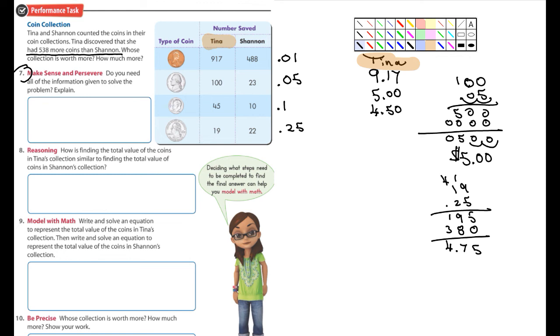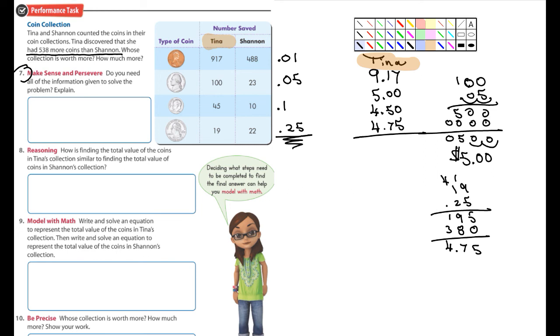We know we probably didn't make a mistake in the math because it's ending in 75 cents. When we're adding quarters, 25 cents, the ending's always going to be either 25 cents, 50 cents, 75 cents, or even 0, 0. So anyways, 475, 4.75. So here I've done Tina for you.